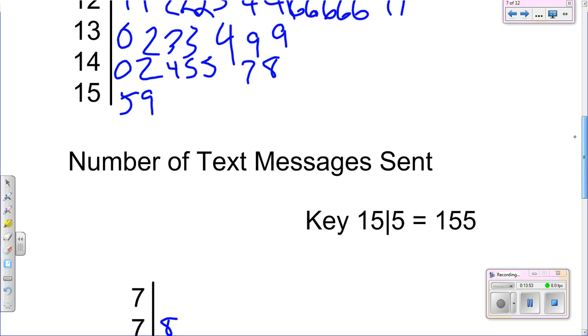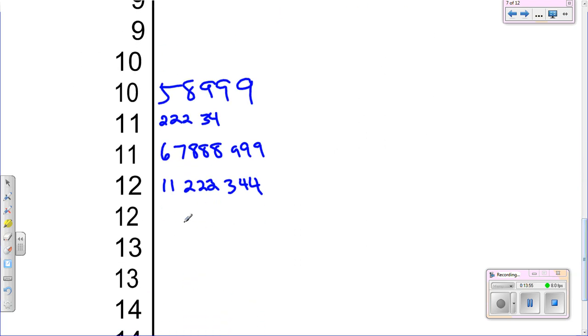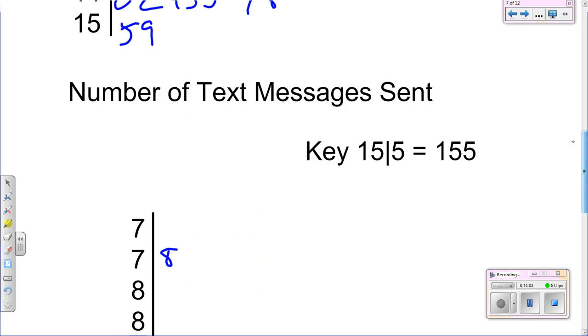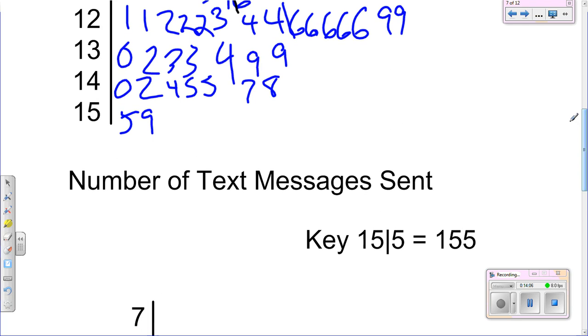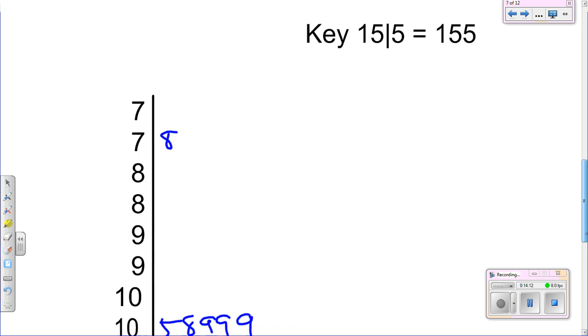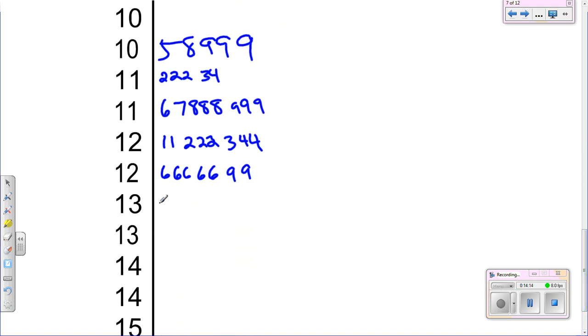Then 5 6s and 2 9s. 13 cutoff is at 4, so 0, 2, 2, 3s and a 4.